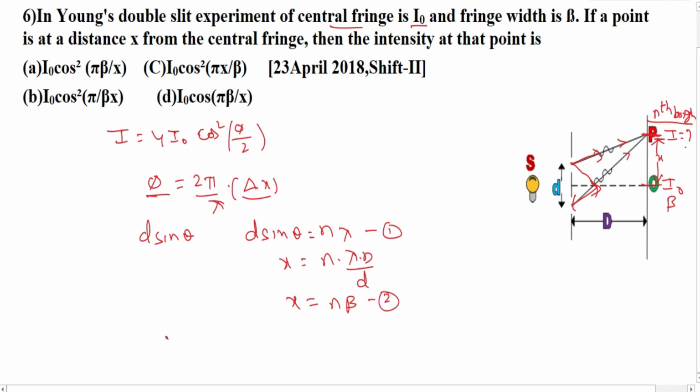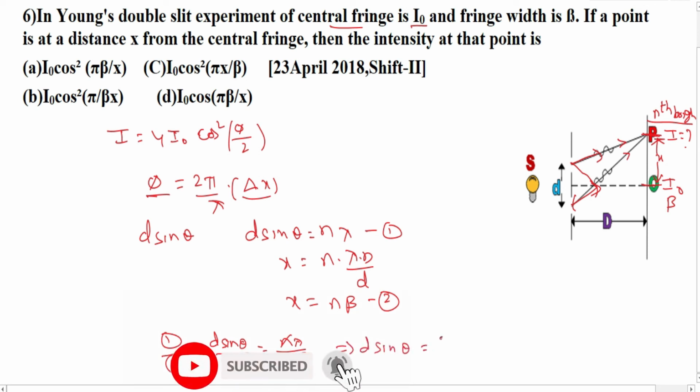Now if I do 1 by 2, what will I get? I'll get d sine theta by x is equal to n lambda by n beta. This n will get cancelled. That implies d sine theta can be written as lambda into x by beta.